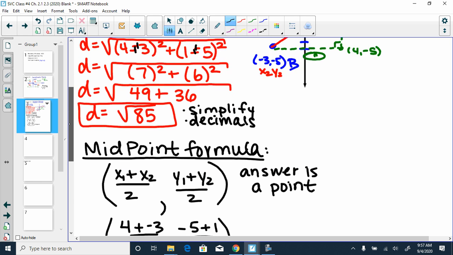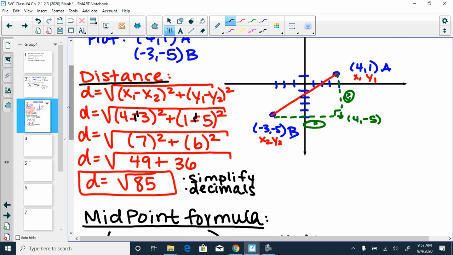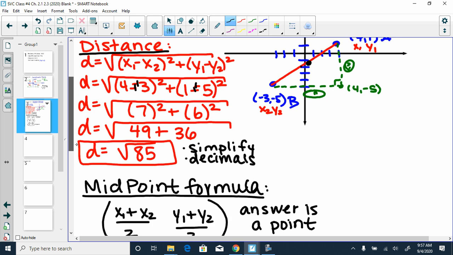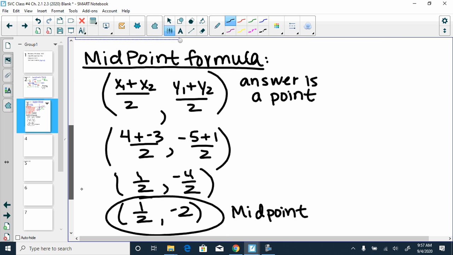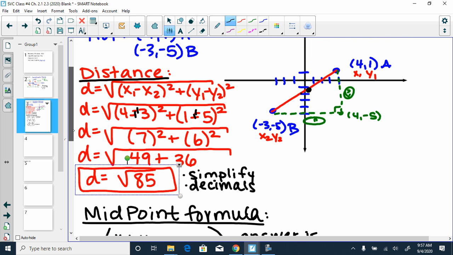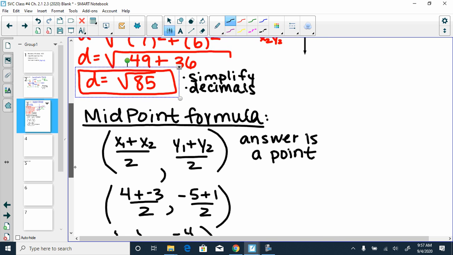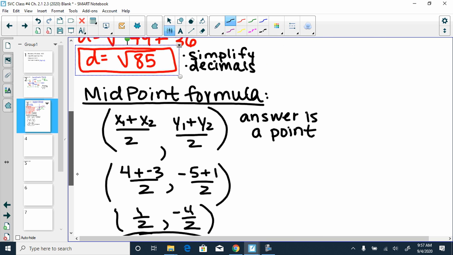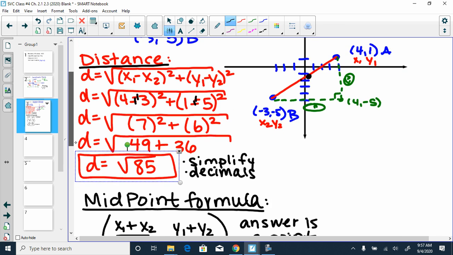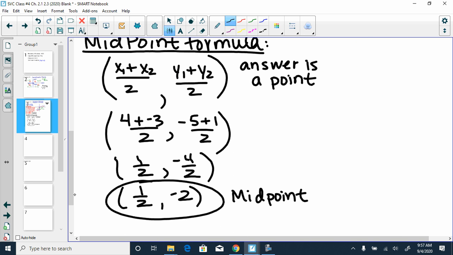And if I go back up, if I go over to (1/2, -2), you should kind of see that that looks like your midpoint. Okay? All right, so with that said, that is the midpoint formula, and that is the, double checking that, and that is the distance formula.